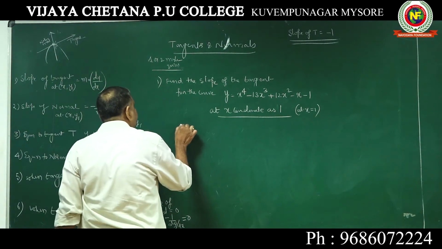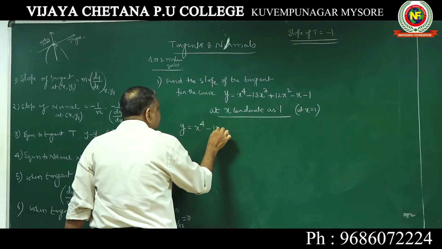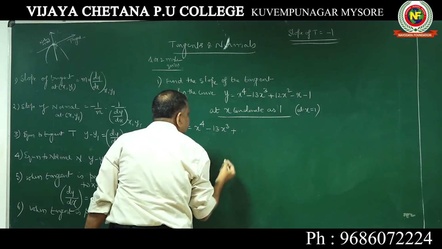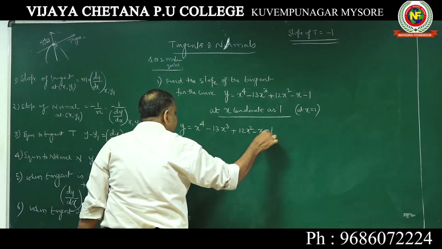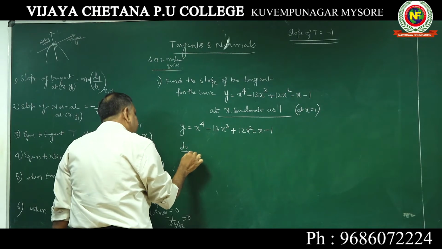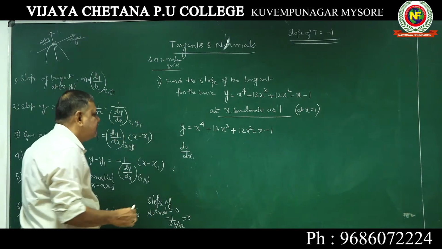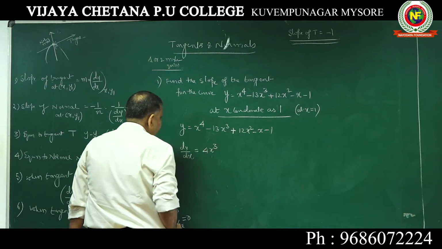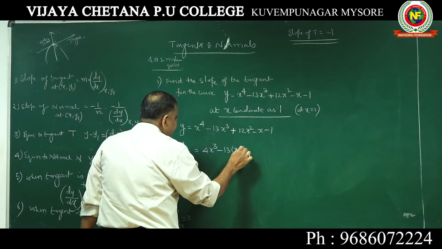So now you take this curve, y is equal to x to the power of 4 minus 13x cube plus 12x square minus x minus 1. Find the differentiation first. For slope of the tangent, first find dy by dx. dy by dx is 4x cube minus 13 into 3x square.